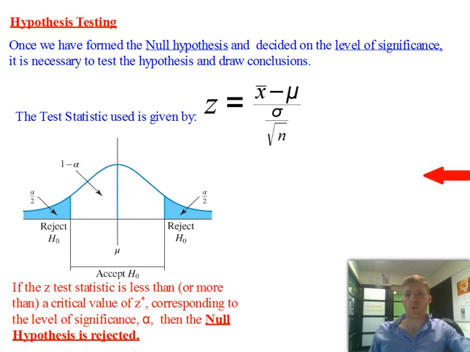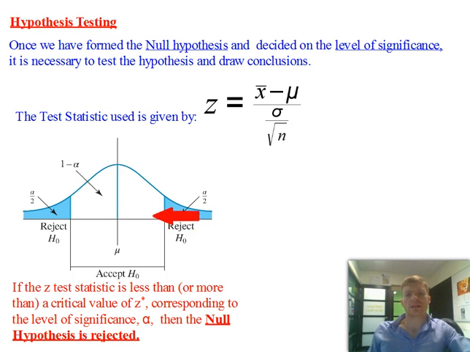So this gives us a particular value on our standard normal curve, and what we're aiming to look at is, in fact, we're accepting the null hypothesis where our z numbers are in this region, about the mean.